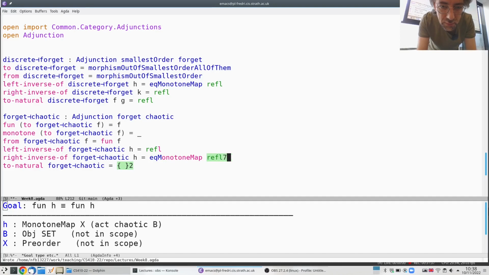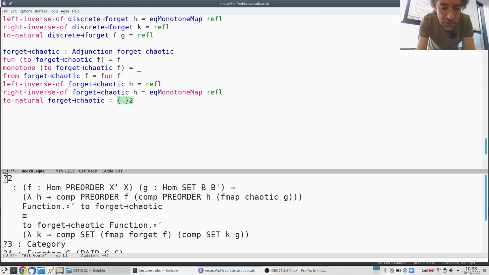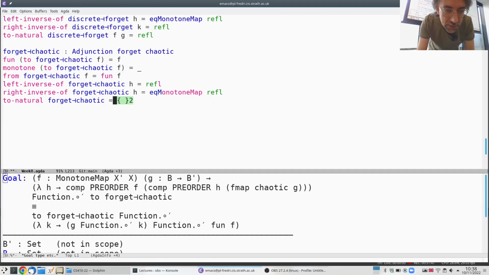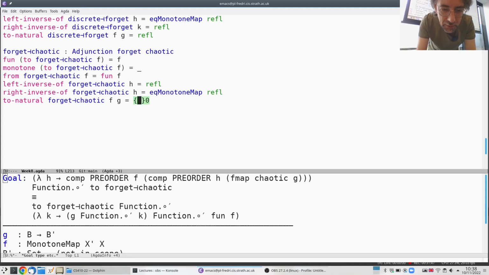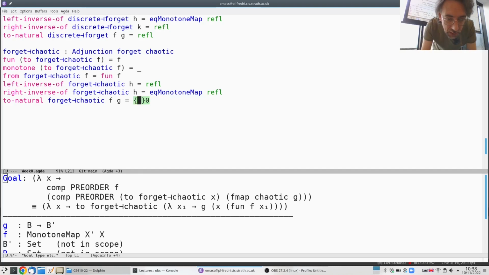Cool. Right, and I'm going to get an F and a G. And then I'm going to have a look at this. And what do I need here? I am comparing.